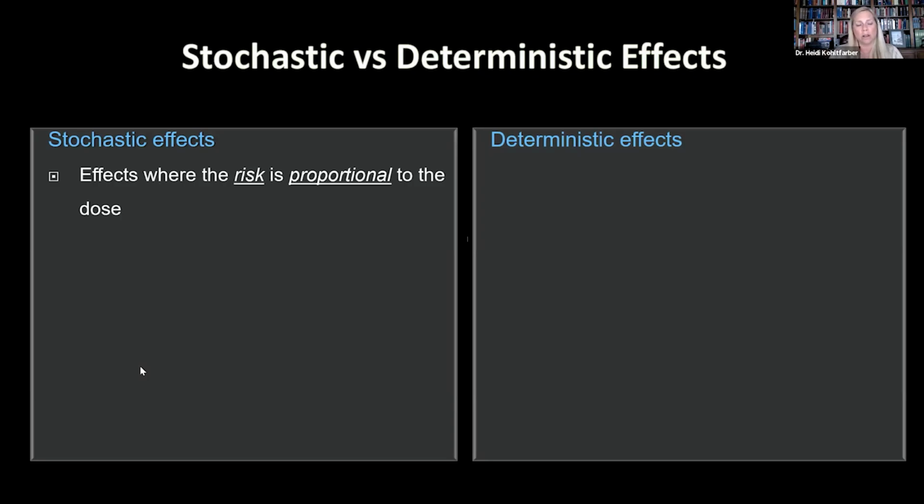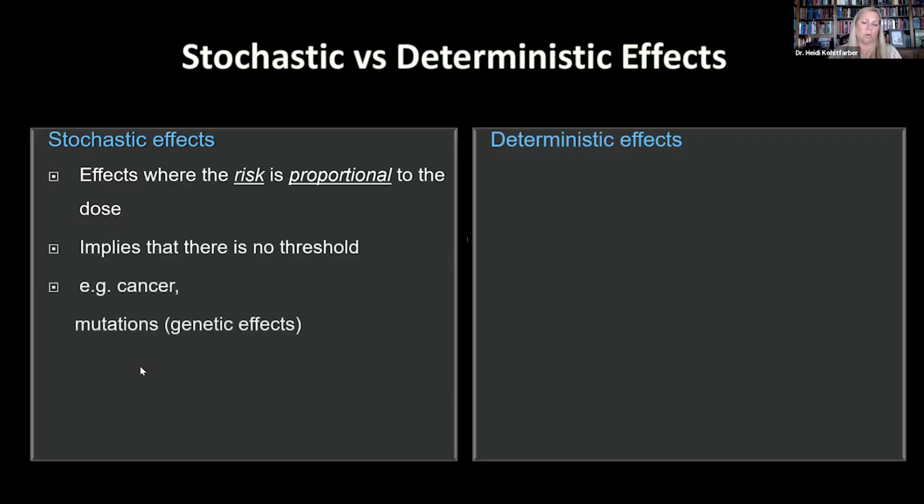So the more images that you have throughout your lifetime, the more opportunities you might have to have, for example, cancer or some sort of a genetic mutation. Now, this implies that there's no threshold. And the theory behind this is that the damage from ionizing radiation at some point is beyond what your body can repair. And again, a cancer or a genetic mutation may begin.